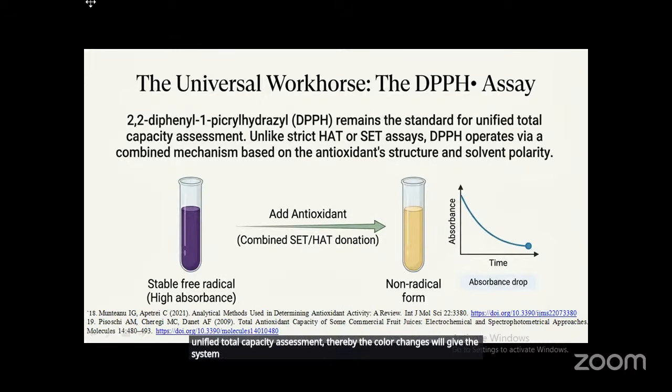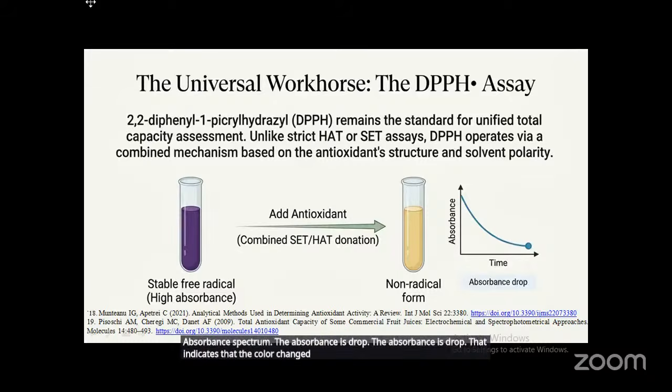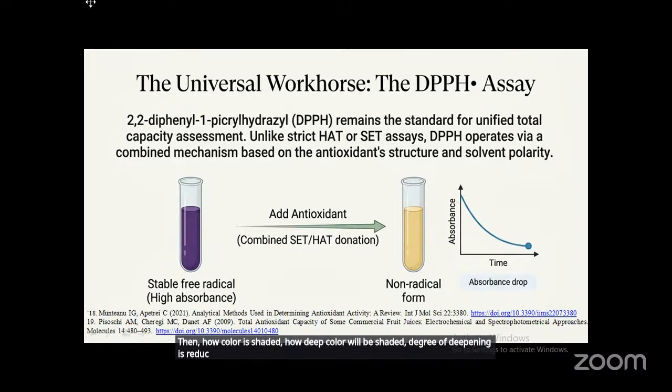You can observe here, in the absorbance spectrum, the absorbance drops. That indicates that the color changed from a deep color to a less intense color, which indicates the activity. How the deep color is faded, the degree of deepening is reduced, that is having the maximum antioxidant activity. Next slide, sir.